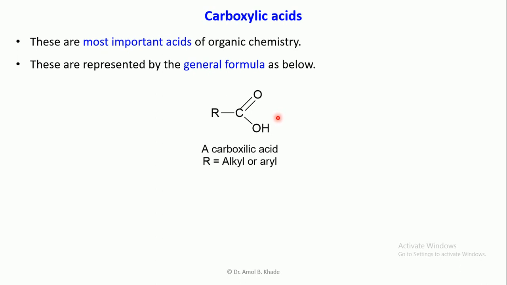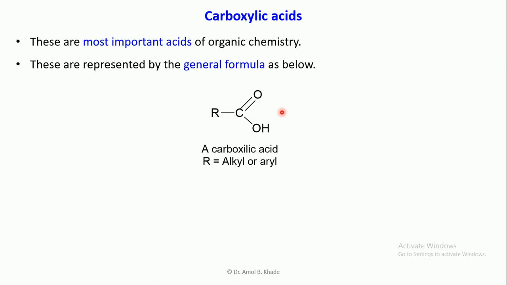So if you find a carboxylic acid in any structure, you have to give it the lowest possible number while numbering the parent chain, and then you can select the longest possible chain as usual. So this is about the carboxylic acid.